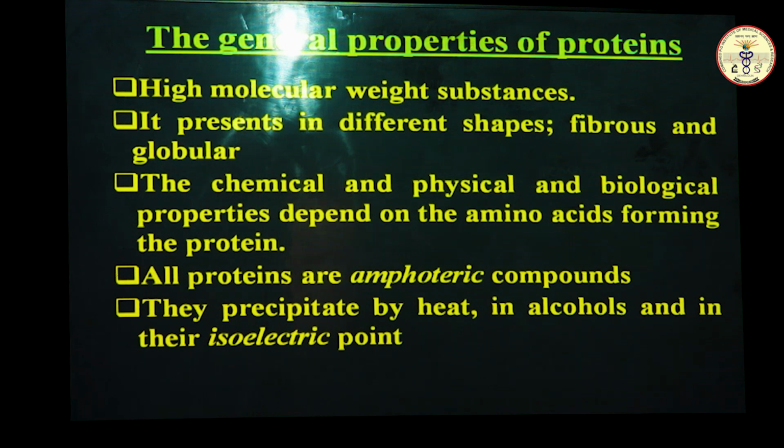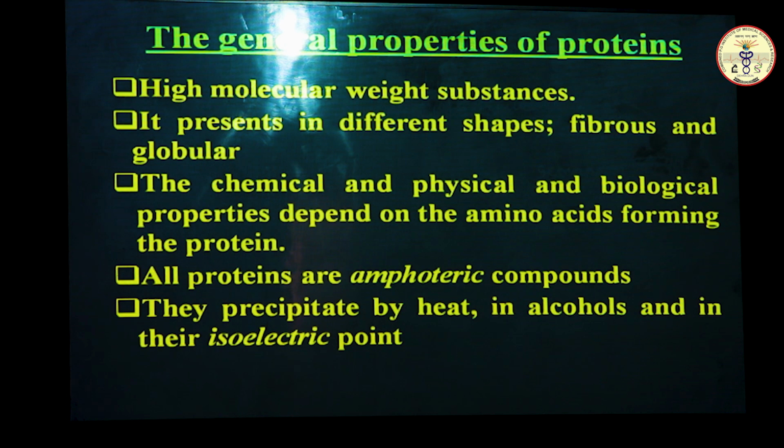Talking about the general properties of proteins, these proteins are high molecular weight substances. They can be of different shape. These are globular proteins and the fibrous proteins. Globular proteins, as we know, are soluble in water, whereas the fibrous proteins are insoluble in water.